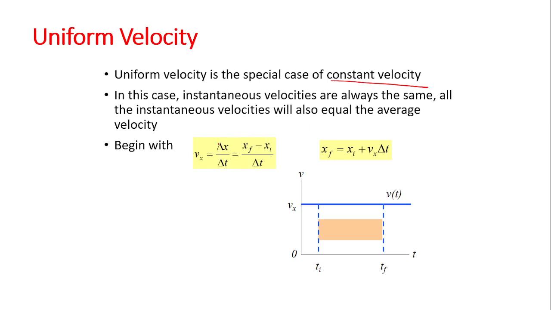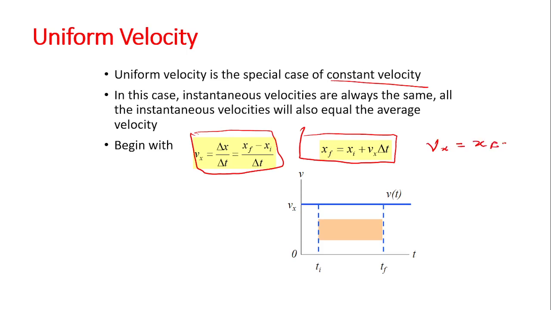So from this formula which we had, we can get that particular formula just by making this one the subject of the formula. Let's say we have Vx is equal to xf minus xi over change in time.